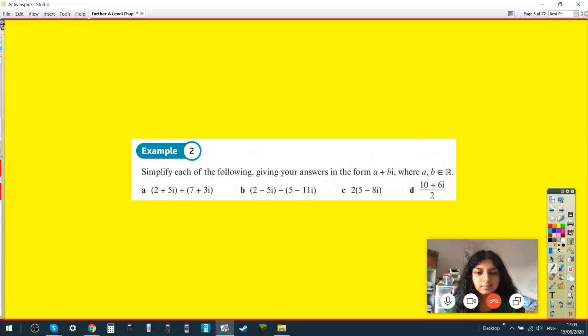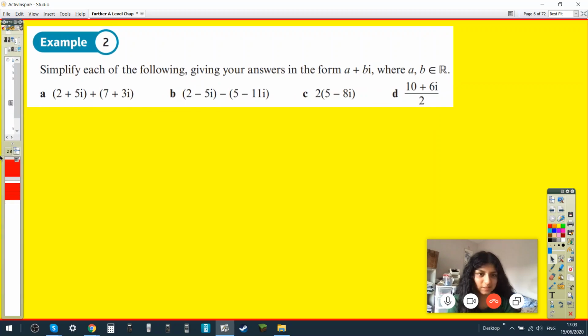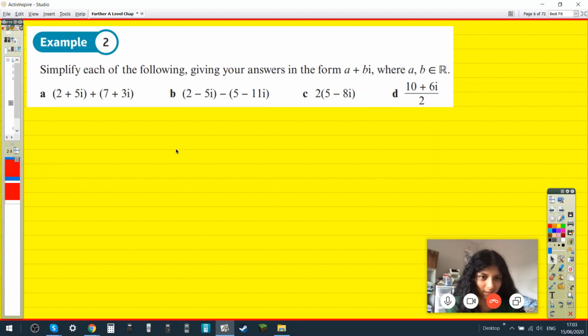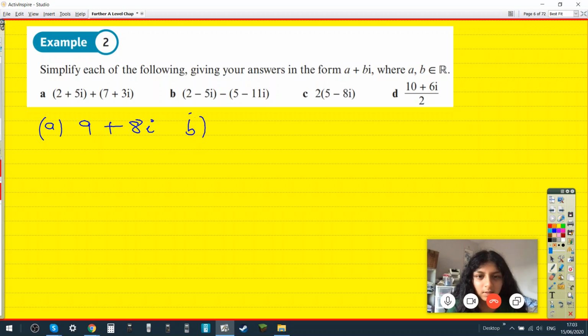Okay, let's add and subtract. So the first one is 9 plus 8i. And then the second one is 6i minus 3.